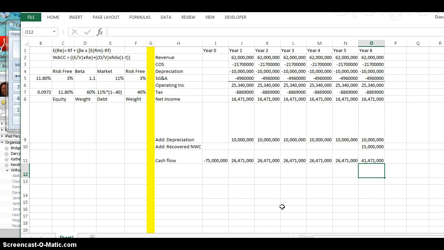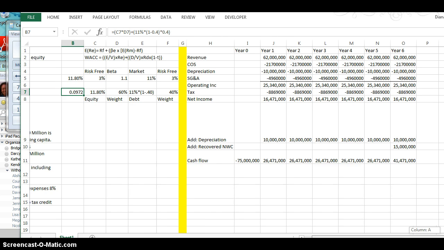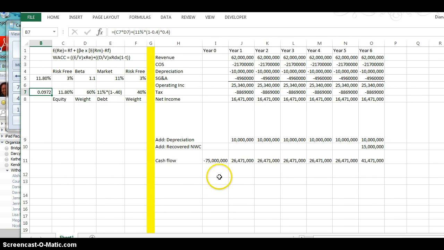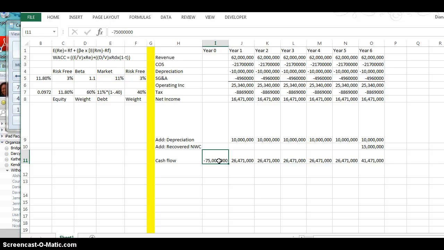Okay, so now that we're here, look what we've got. We've got the cash flow for each year of the project. We've got the initial investment. We know the weighted average cost of capital because we calculated that before. So now all we have to do to get the NPV is get the present value of all of these cash flows and subtract the initial cash flow.